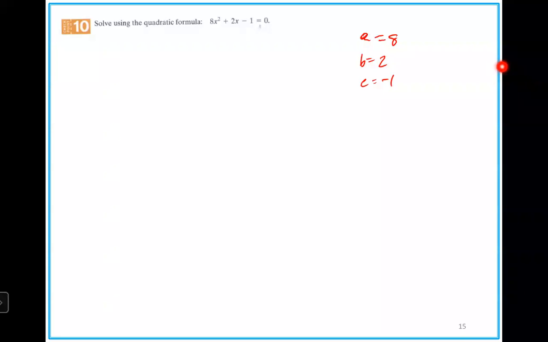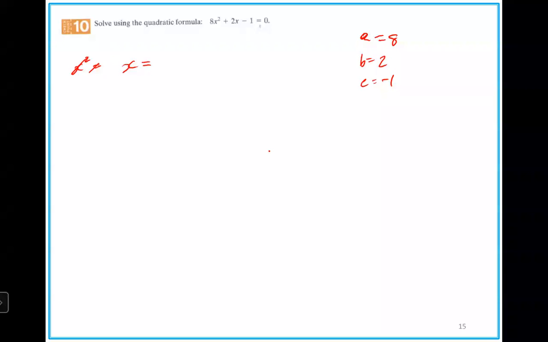So let's write the formula out. X equals, what's the formula? The formula for quadratic equations?